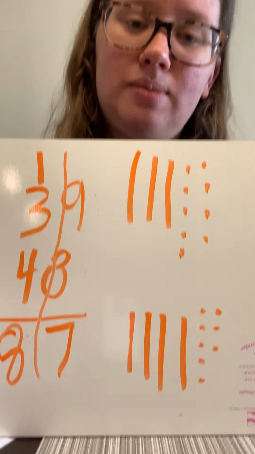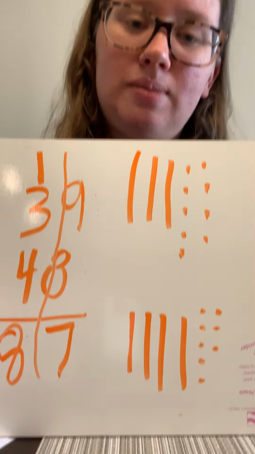Okay, this one's kind of tricky, so I'm going to draw a strip diagram. There are 47 photos in the blue album. So that's what I know so far. Here's my strip diagram. I'll pick it up in just a second. 47 blue photos in the photo album.